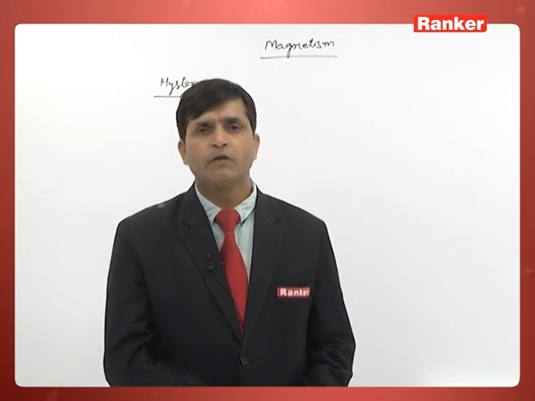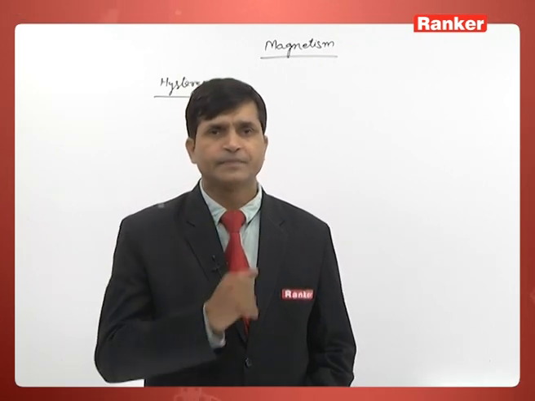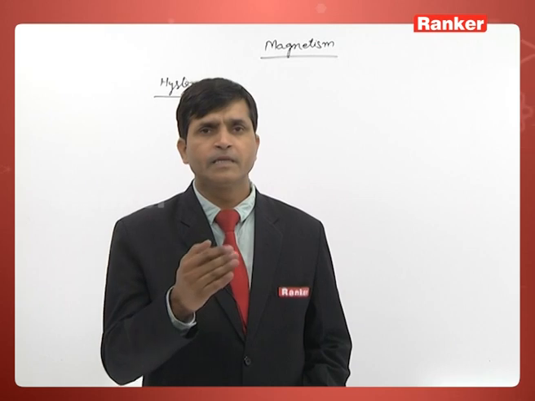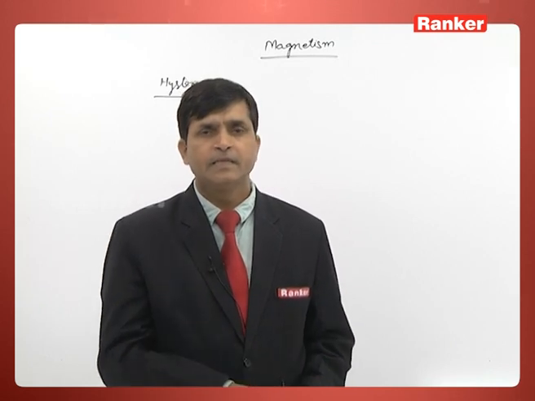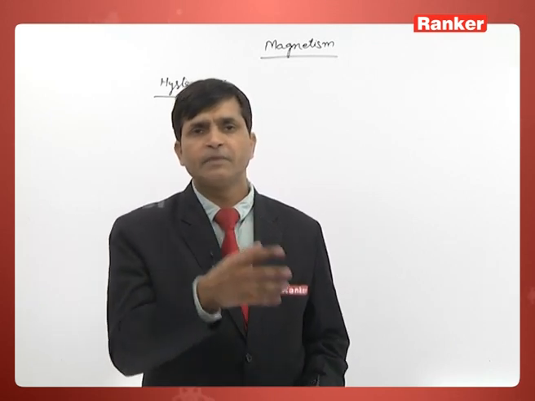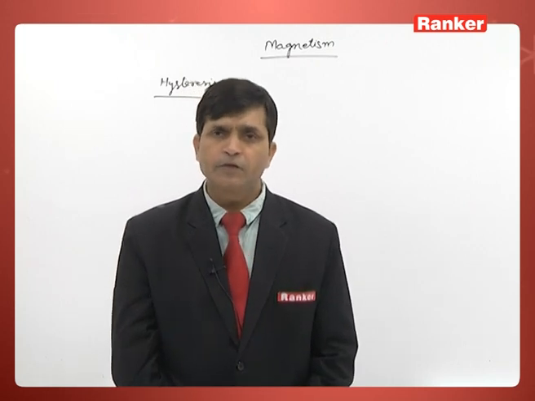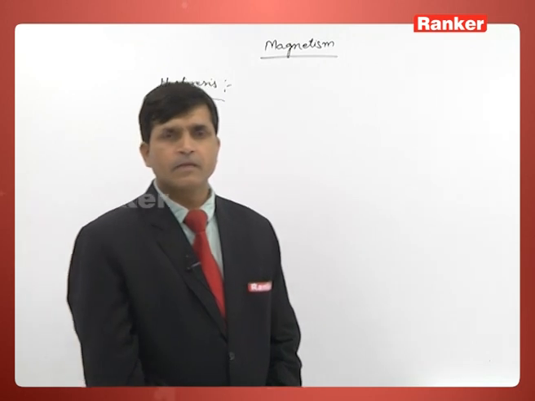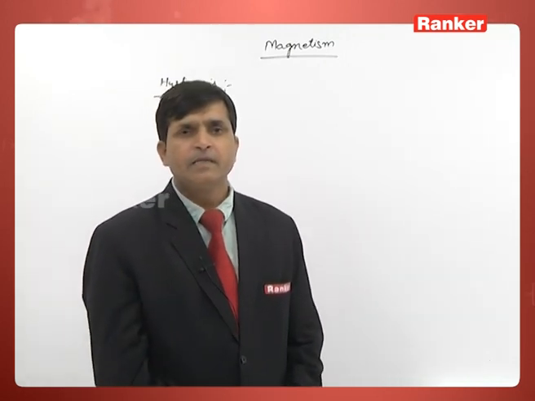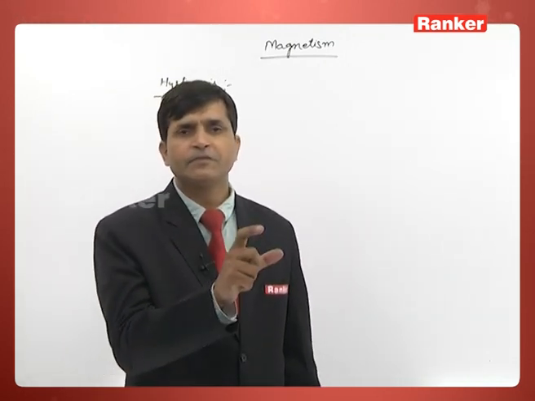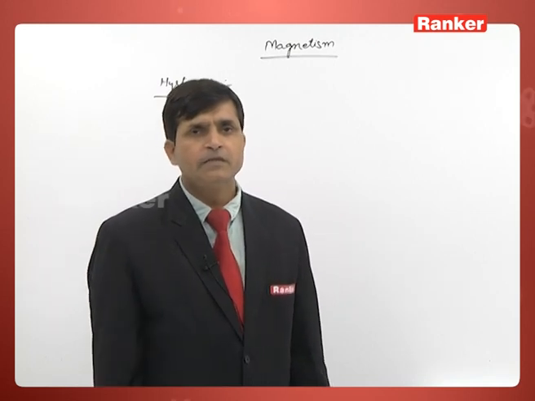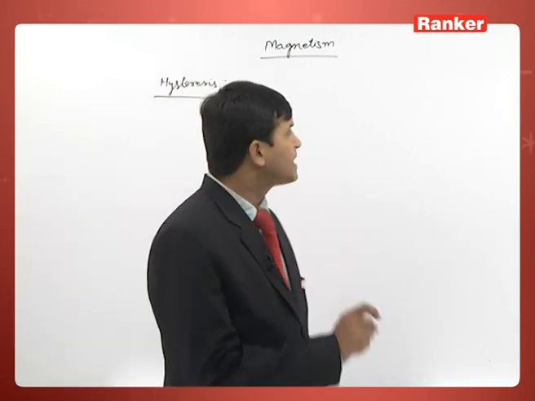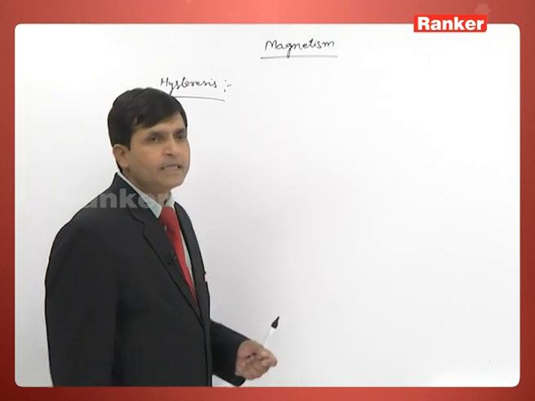So what has been found, if we remove the external magnetic field gradually, the net magnetic field inside also decreases. But if we have removed the complete external magnetic field, there is still some magnetic field left in the material. That phenomenon is actually called hysteresis.